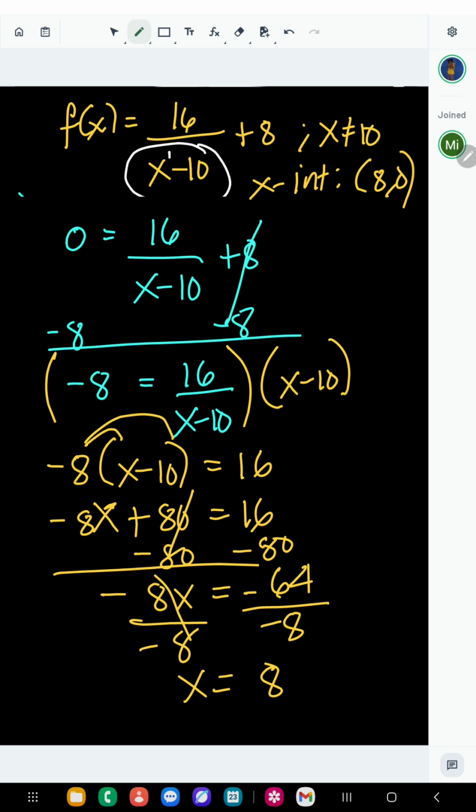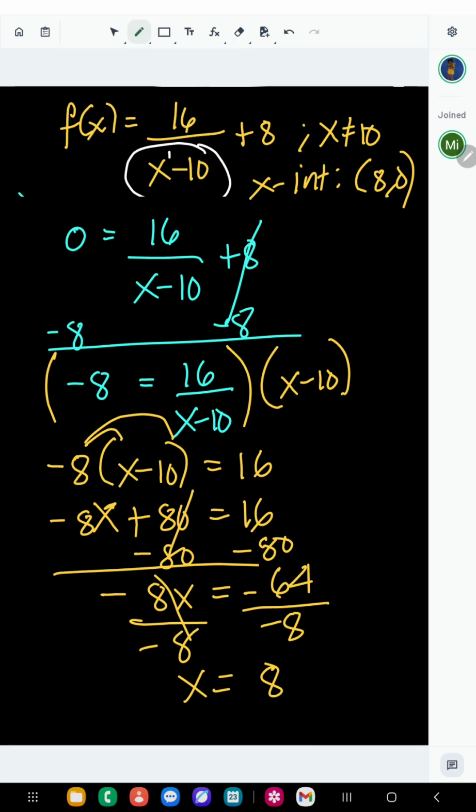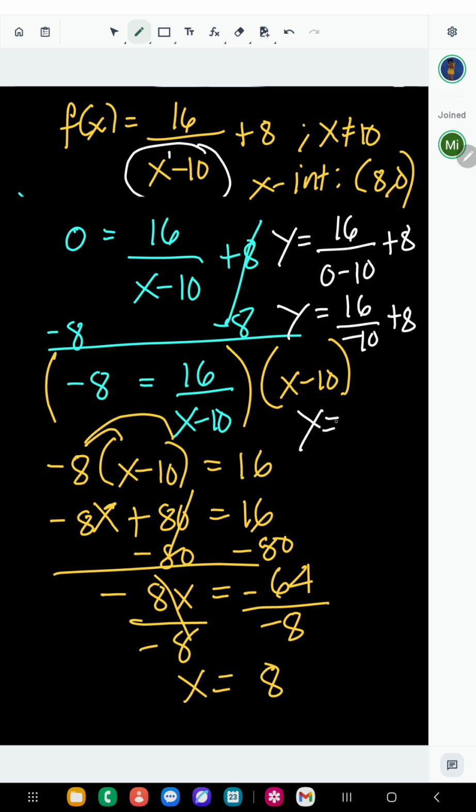And now we solve for the y-intercept. To solve for the y-intercept, we set x equals 0. So y is equal to 16 over 0 minus 10 plus 8. So y is equal to 16 over negative 10 plus 8. They're divisible by 2.